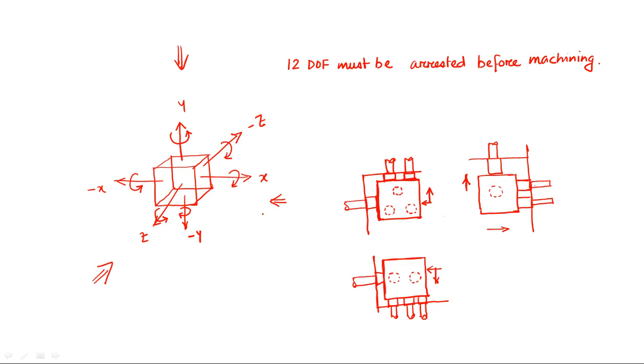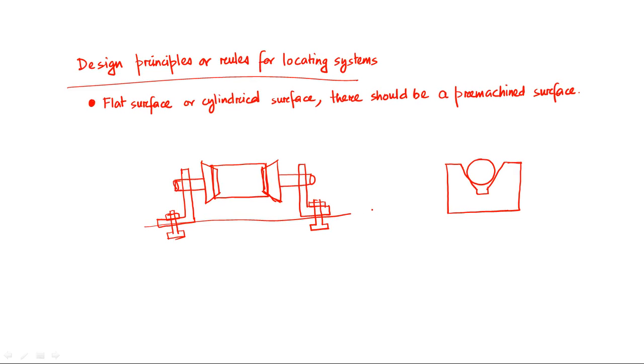In the earlier slide, you learned that we need to use 3 pins to provide support to a job. Now suppose this is the surface of the job. If the surface of the job is not pre-machined, that means the surface will be uneven.